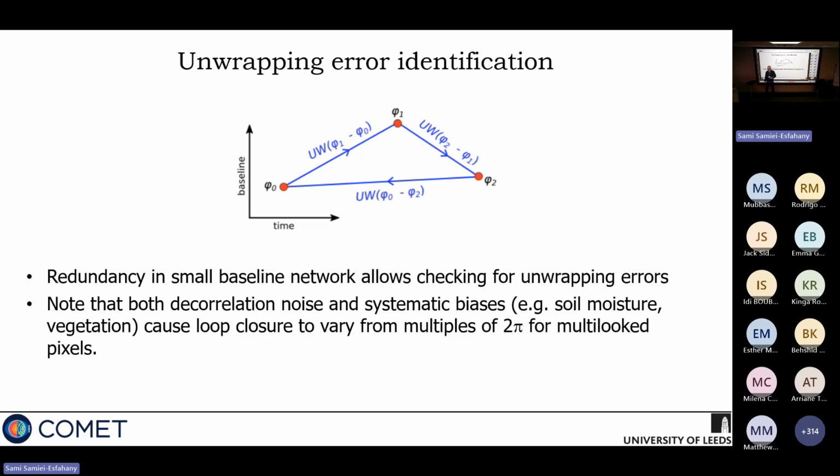But because you have 3, you've got some redundancy, which means you can check for errors. Primarily, what we want to check for is unwrapping errors. If they've all unwrapped correctly, we can integrate around here and we'll get back approximately to 0. So add that one, and then subtract this one, you should get back to 0 if they're all unwrapped correctly.